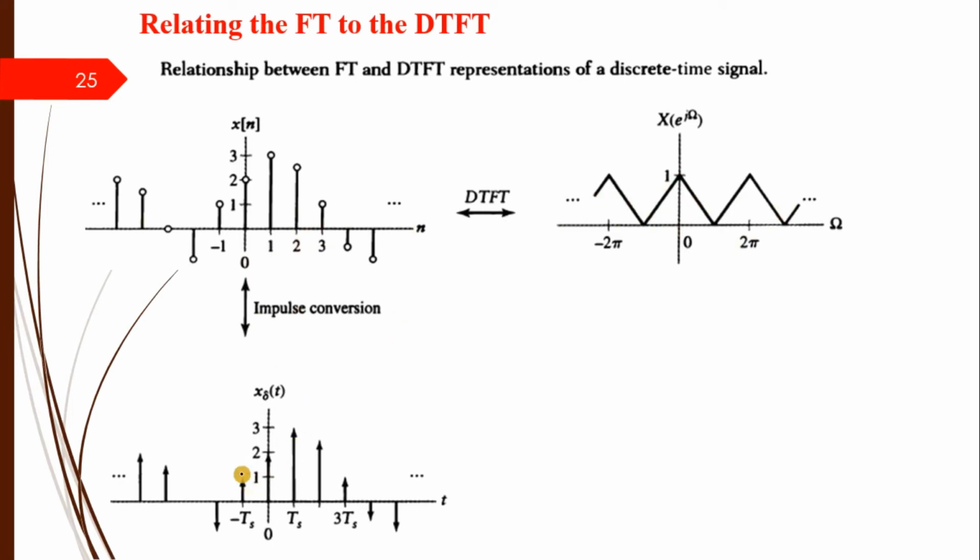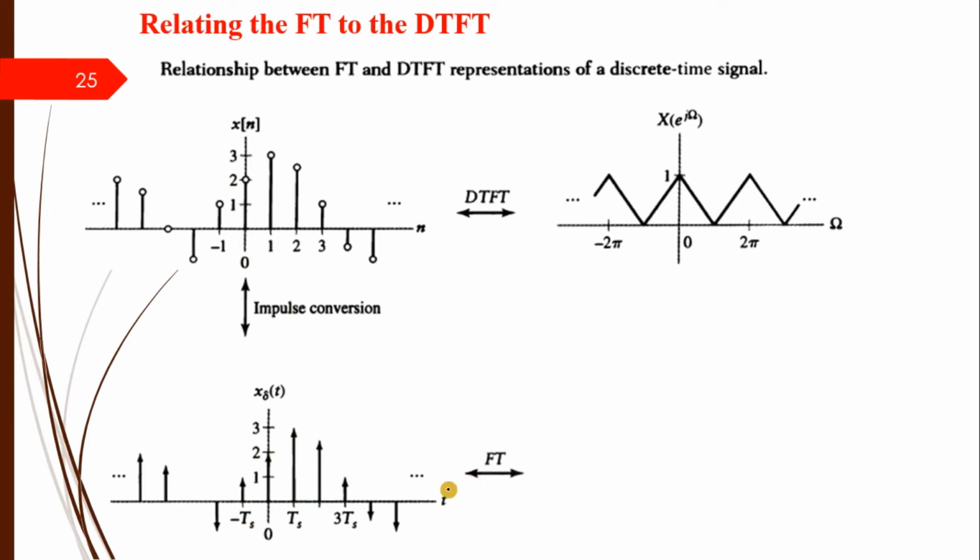It means it is a sampled waveform. There is some continuous waveform like this, and I have taken samples which resemble it. We call it impulse conversion because convolution does it. So you can represent any signal with shifted impulses.